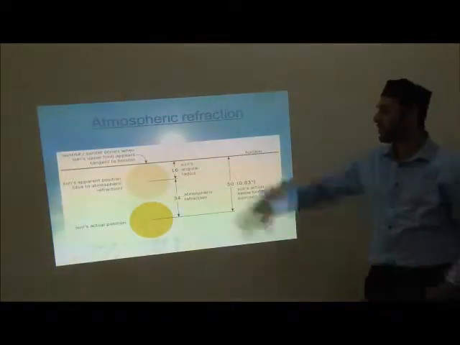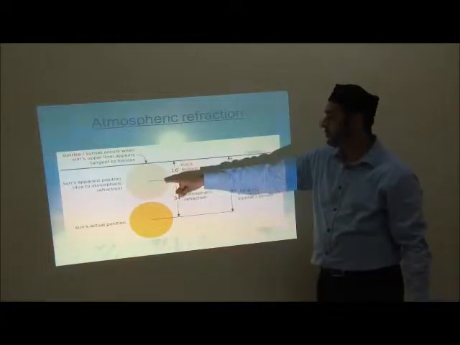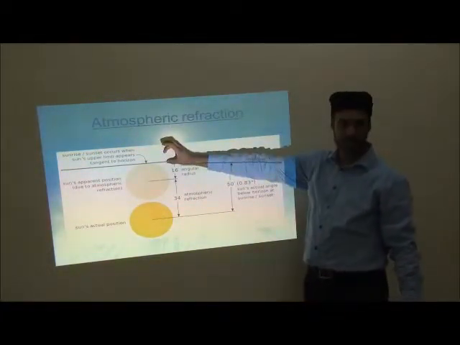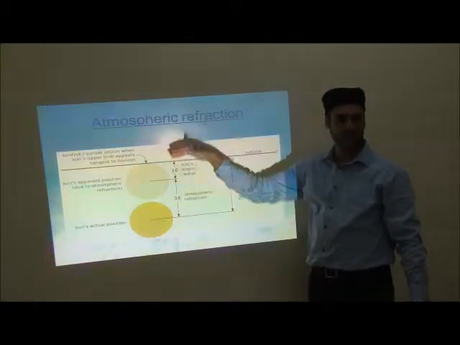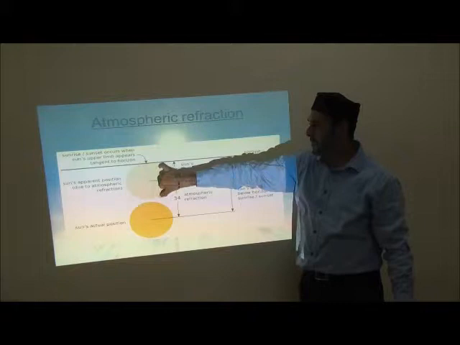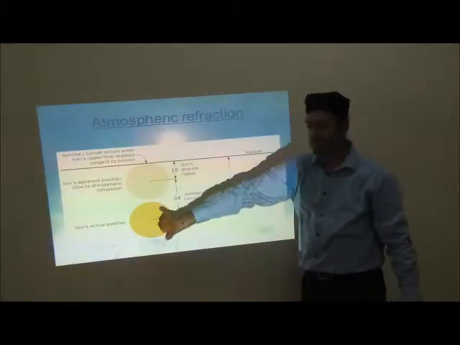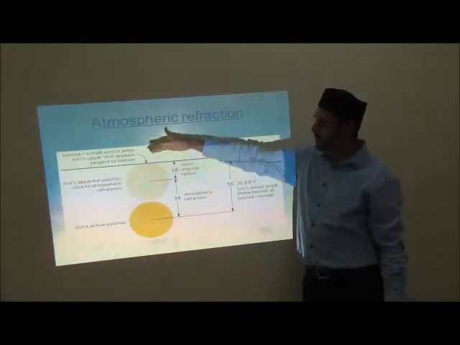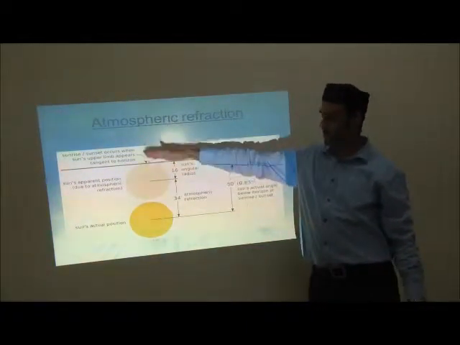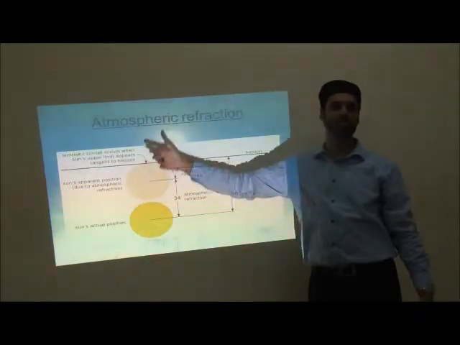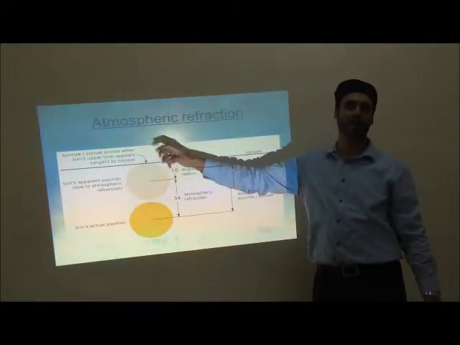So here's an example. Here's the horizon. This is where they measure it from when it's up there, right? So the minute it hits this, they've got to change their calculations because they've got to measure it from the top. This is where the sun actually is, but you're seeing it here. So when you see the bottom part of the sun hit the horizon, it's already gone totally below the horizon by about two arc minutes.